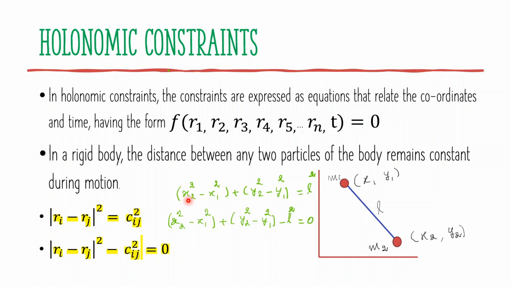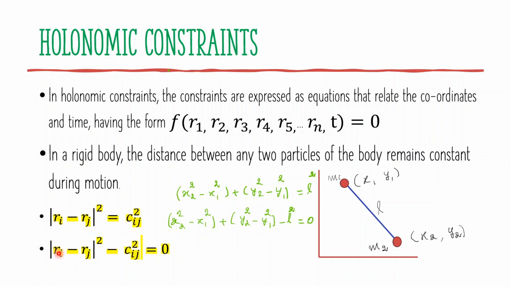Mathematically, we can write (x2 minus x1) square plus (y2 minus y1) square is equal to L square. If you bring this L square to the left hand side, the right hand side is 0. If you write an equation of constraint in this form, it represents a holonomic constraint.